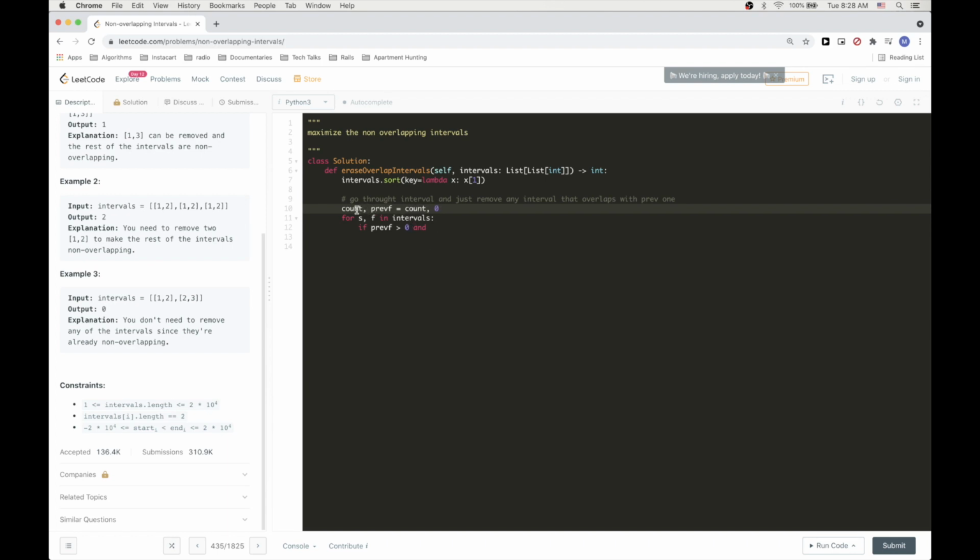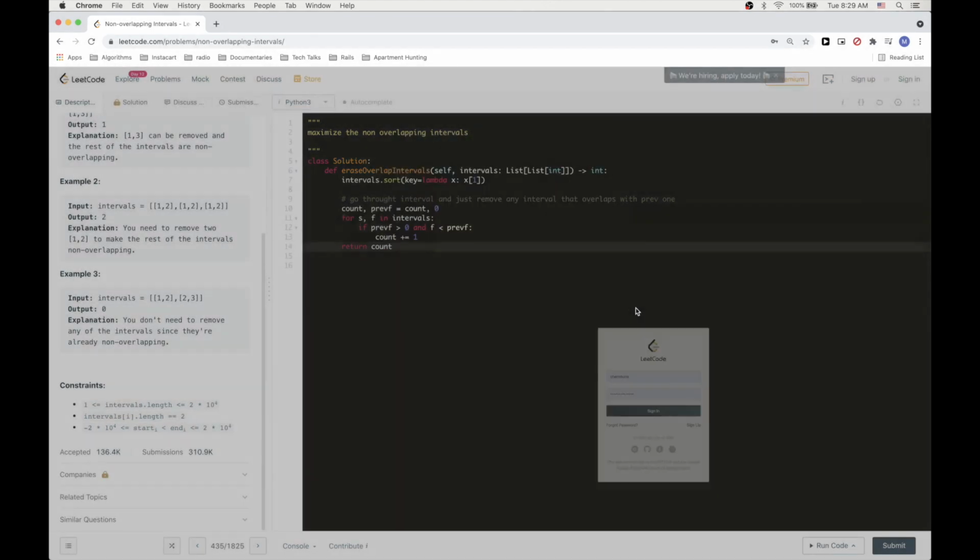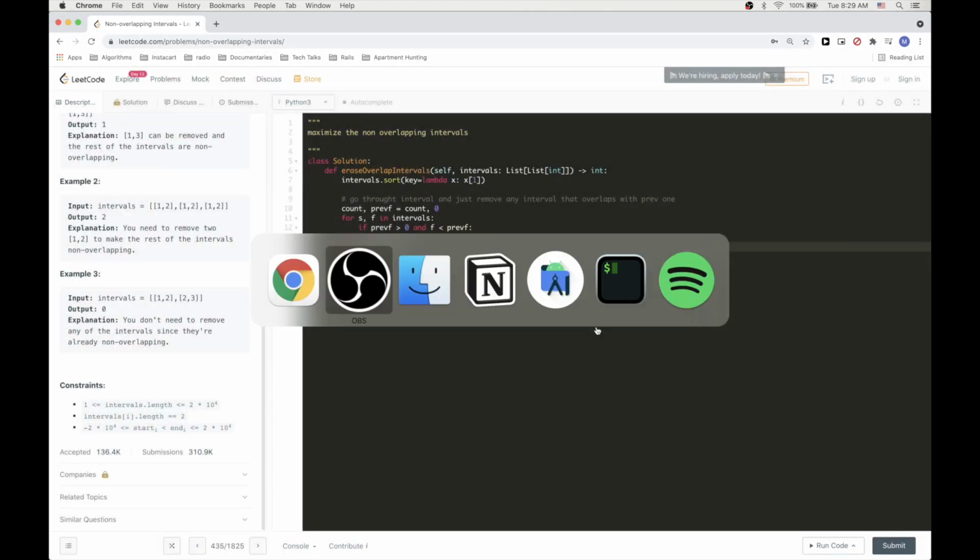So if prev is bigger than 0 and this finish time is smaller than the prev f, that means we overlap, and at that point we do count plus 1. Otherwise just continue, and then we can return count.